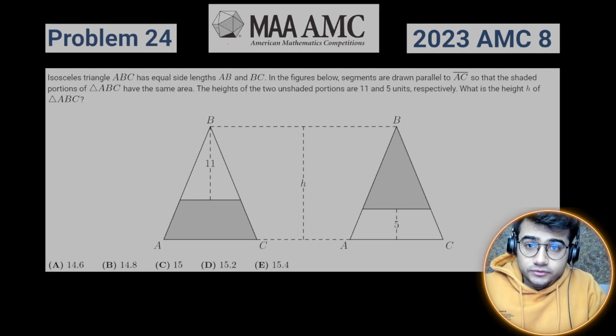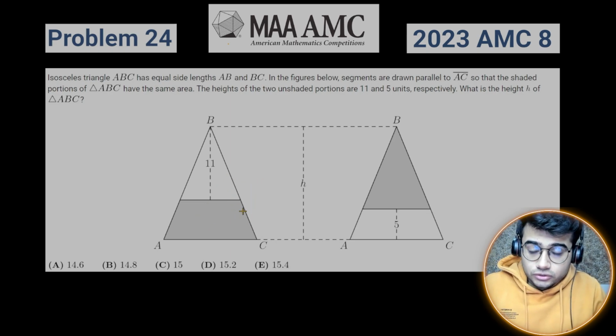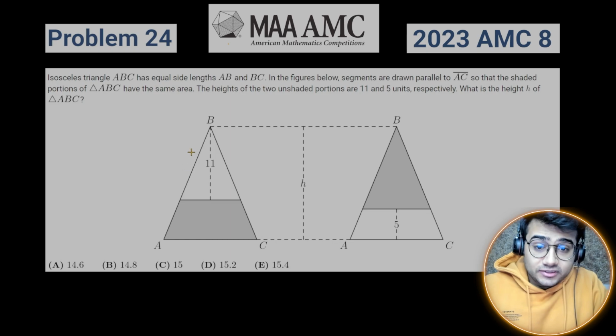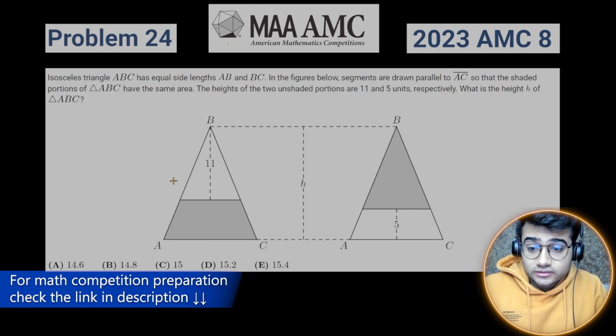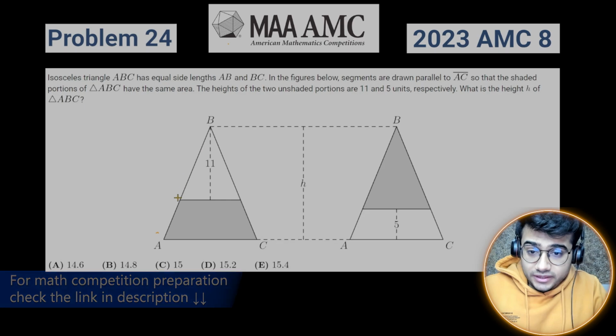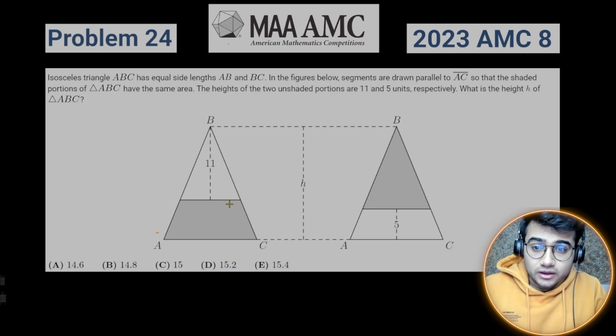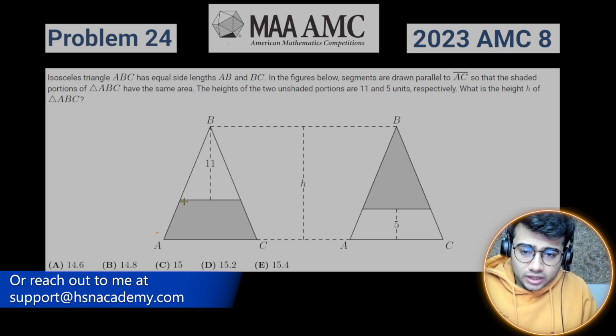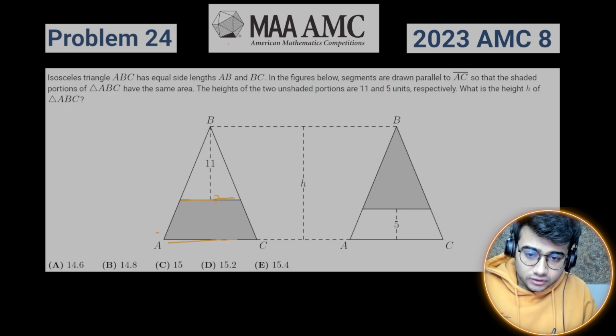Okay, so in this problem, we have two identical triangles, two copies of the same triangle ABC, and ABC is an isosceles triangle. So let's see. They told us that AB and BC are the side lengths that are equal, and they just drew lines parallel to the base of this triangle.